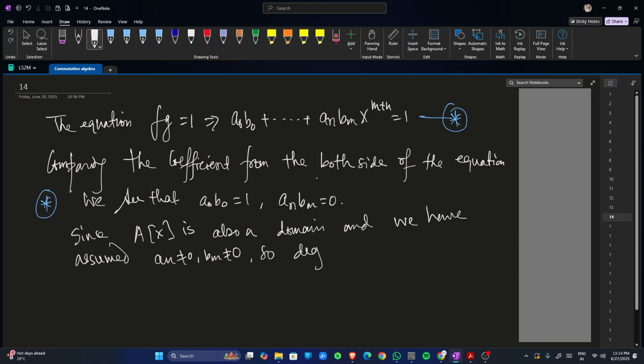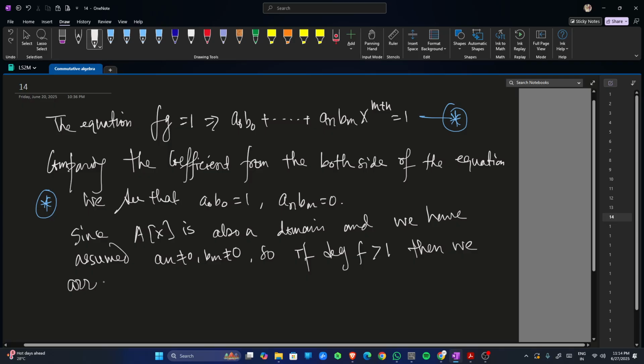No problem. So if degree f greater than 1, then we arrive at the contradiction.